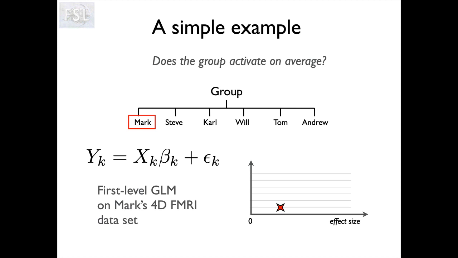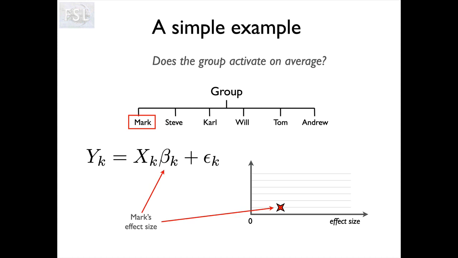So in this case, K is equal to 1, because we're looking at the first subject. And so this effect size is this beta value that we're talking about. And also we have this residual noise, which also allows us to consider what is the variance that we have. So we have both an estimate of the beta, but we also have an estimate of the variance of beta. So you've seen that before, and we get statistics from that.